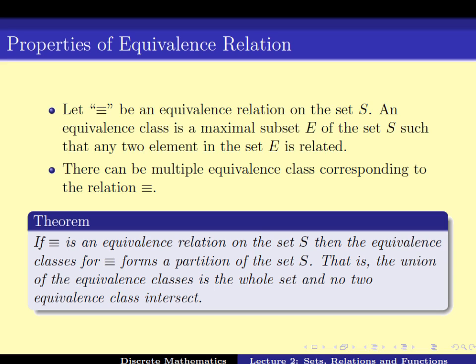It's maximal in the sense that you cannot add any more elements to the set E while still maintaining the property that any two elements in E are related. So it's maximal, it cannot be grown any further. Once I get such a set E, I call that E an equivalence class.